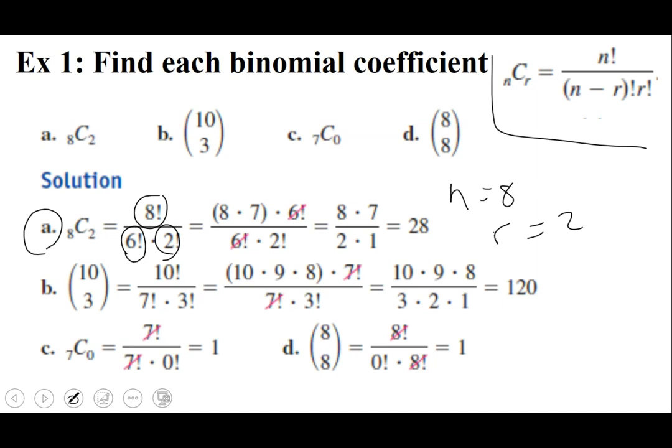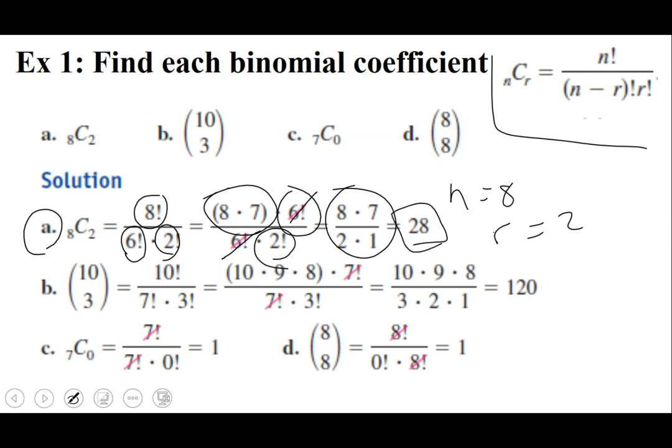If you were to take the 8 factorial and separate it into something that's common with the denominator, you could take out 6 factorial, which would leave you with just a 7 and an 8. This 6 factorial would cancel out with this 6 factorial. All you'd be left with on the bottom is 2 factorial, which is 2 times 1. And if you go ahead and simplify 56 divided by 2, that's how you get a final answer of 28.